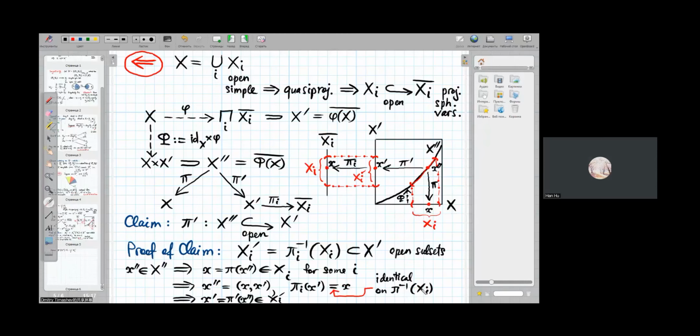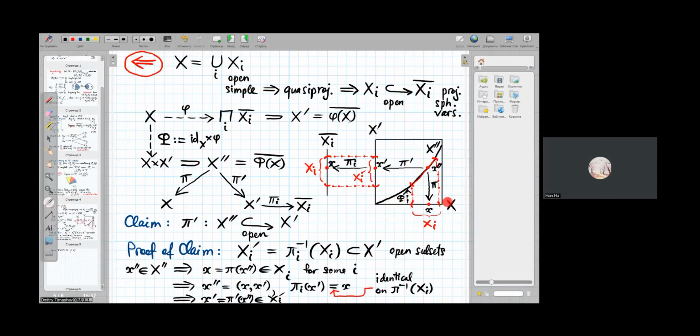Is it okay? The composition of pi I and phi. You mean the composition of pi I and phi is defined on xi, right? Oh, right. You may say like this. But I don't think the rational map phi is defined on the whole xi. Of course, it is not defined on the whole x. Phi is a map.